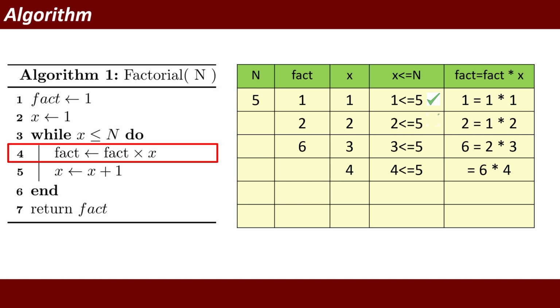The value of fact is 6 and the value of x is 4. 4 times 6 gives you 24, and 24 is given to the variable fact.